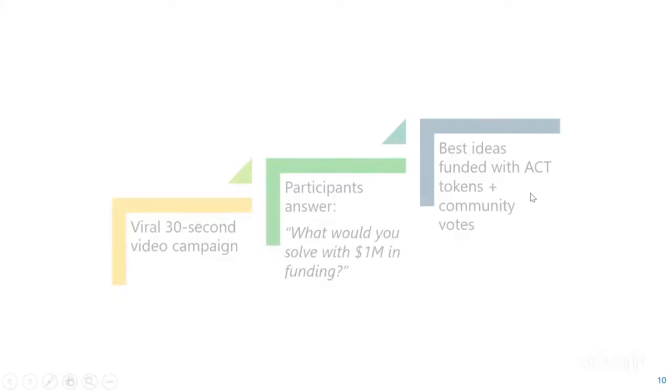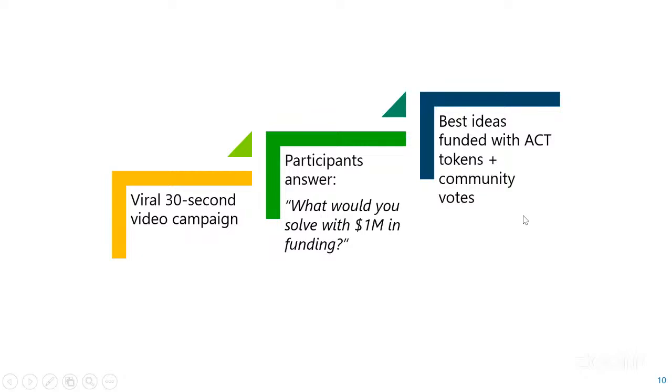How we're going to do this is we're encouraging people to create a 30-second video where you will answer the question I've just asked, what would you do with 1 million in funding? Then we'll select the best ideas, which will be funded with the Actuate tokens. We'll also include the community, so the community will be involved in voting for the best projects.